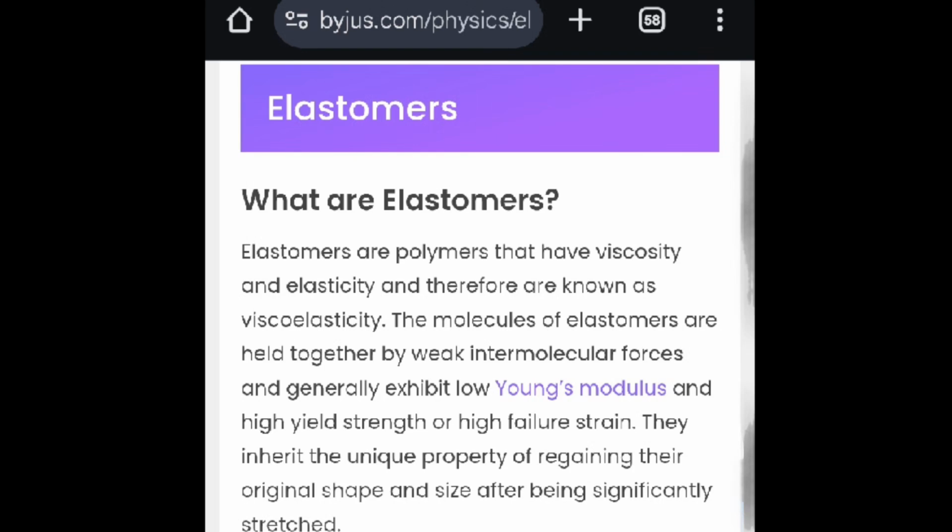But whether you go to the science websites, the engineering websites, the manufacturing websites, or the actual dictionaries, everybody agrees it stretches and then retains or goes back to its original shape. And the minimum amount of stretching would be 2 times its original size.